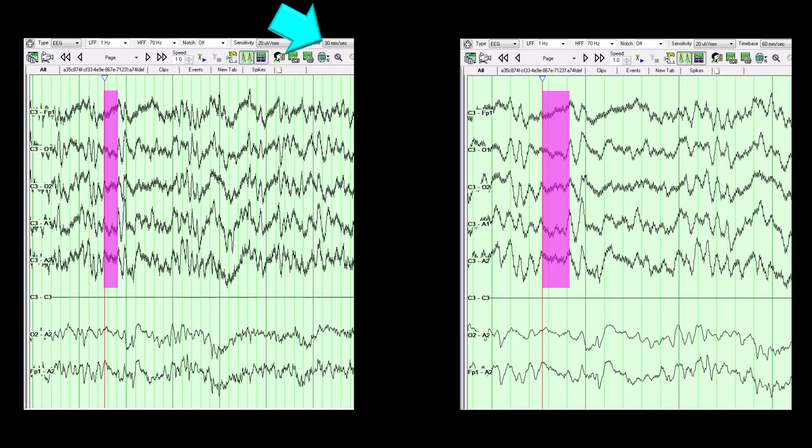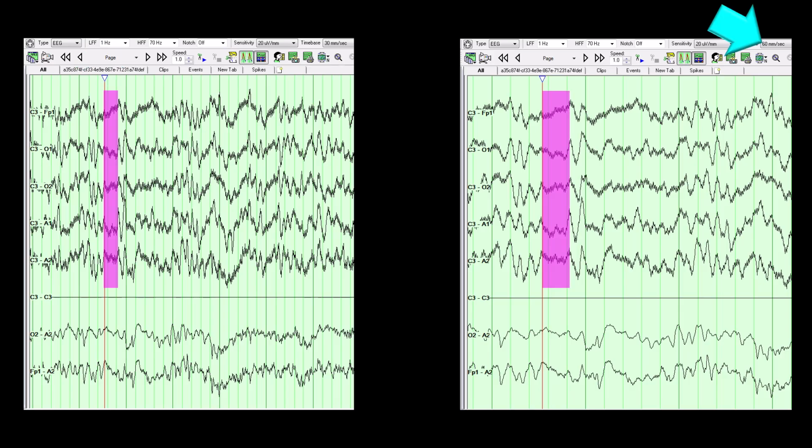This is a recording at 30 millimeters per second, and as you can see in this frame, C3 is the source of the 60 Hz artifact, or at least is the electrode where 60 Hz artifact is more prominent. Notice that the amplitude of the electrical artifact looks the same regardless of the electrode used as a reference. The expected increase in amplitude of the 60 Hz artifact as the inter-electrode distance increases does not materialize.